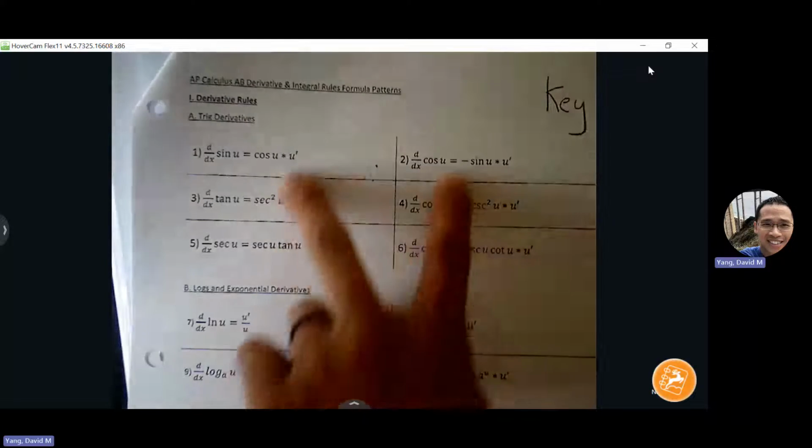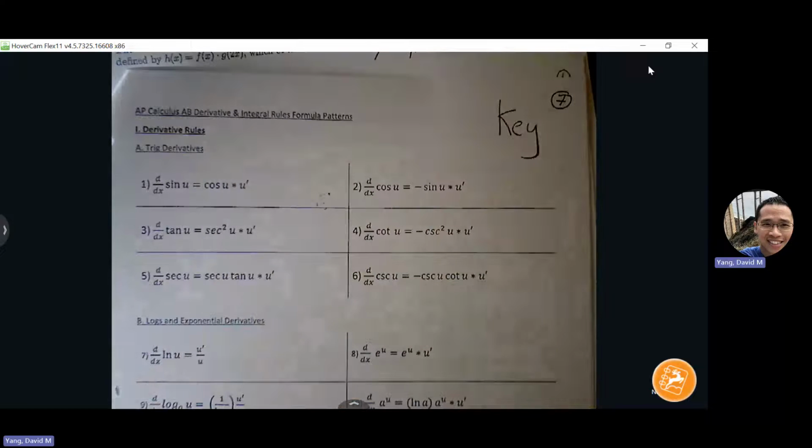What I mean by that are these rules here. On page 8, I have page 7, I have the key here. So this is what I mean. Write these 6 rules down at the top of your multiple choice test. It'll come in really handy, especially for the integral rules, because I don't have integral rules memorized.